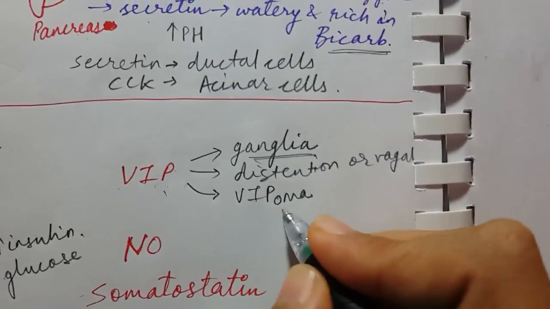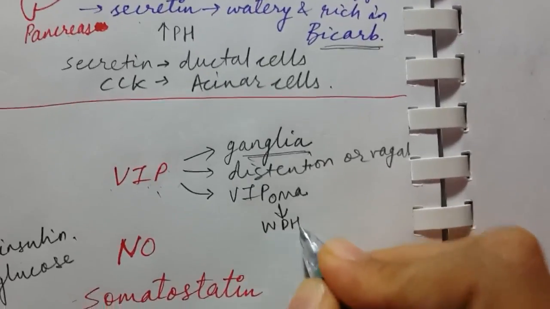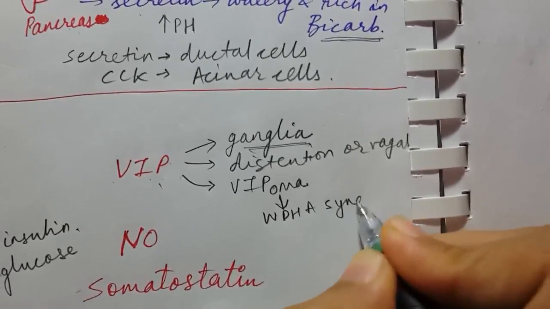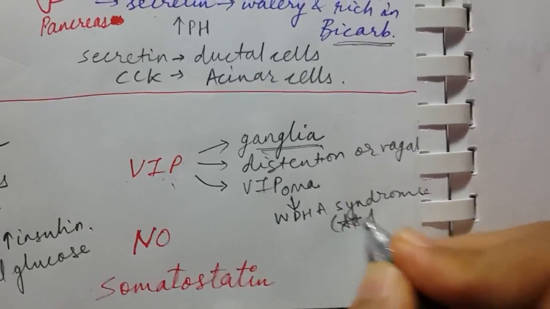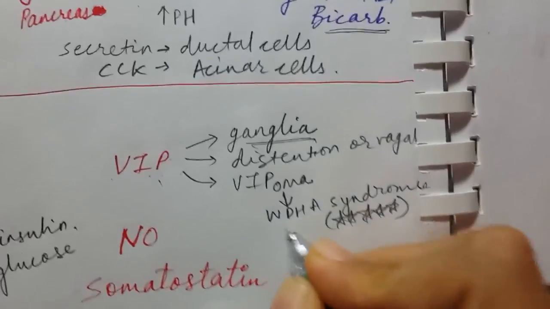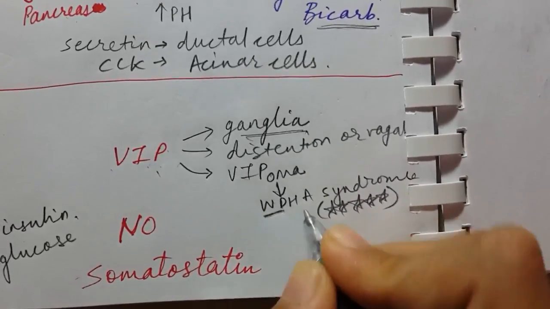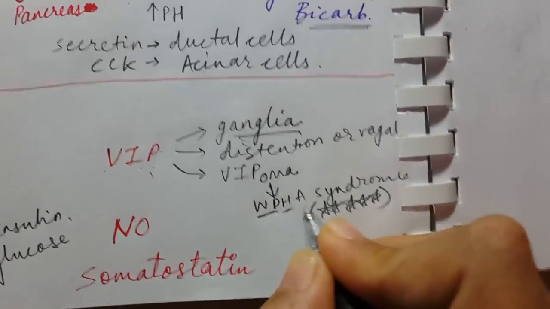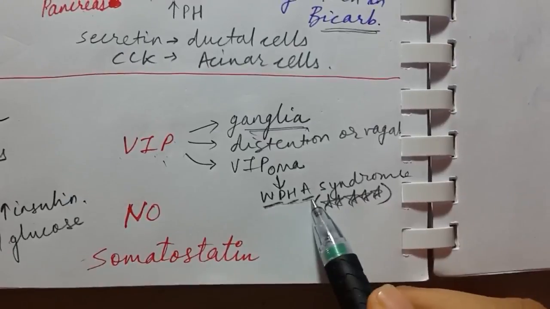The syndrome which is caused by VIPoma is WDHA syndrome, and this is really high yield. Let's give it 5 stars. What is the full form of WDHA? WD means watery diarrhea, H means hypokalemia, and A stands for achlorhydria. So definitely remember this.